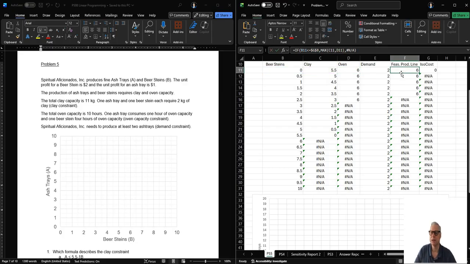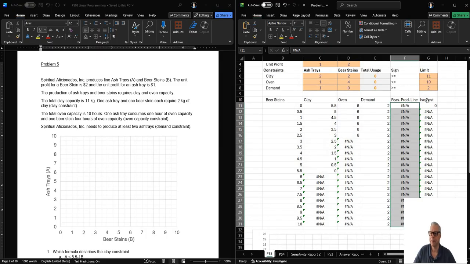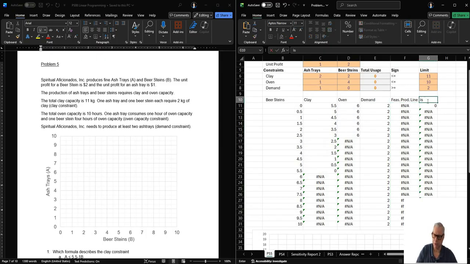And actually, we don't need the area feasible production. It's always a little bit difficult to draw in Excel if you have different constraints, like a minimum constraint of this and a maximum of this. So let's just forget about that one. And now we have again an ISO profit line.